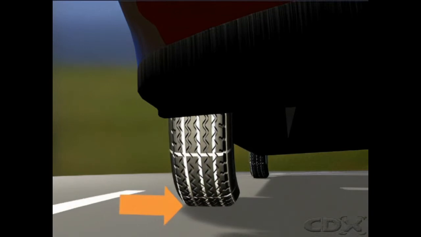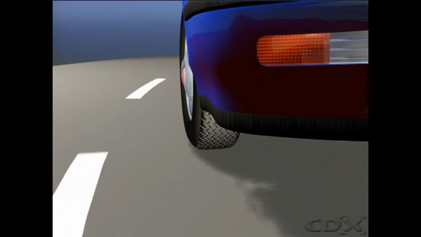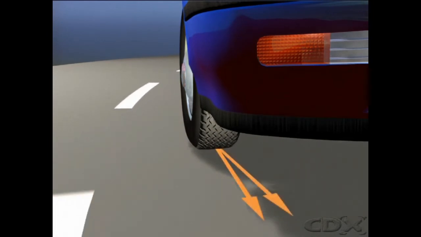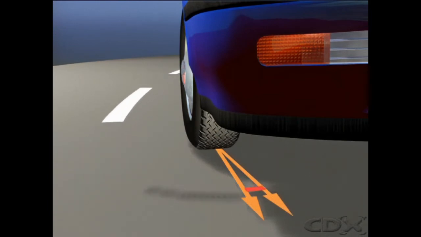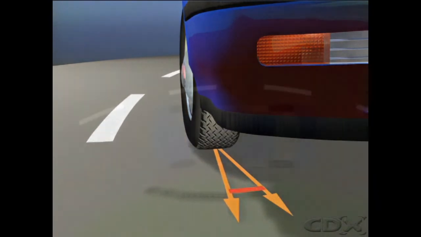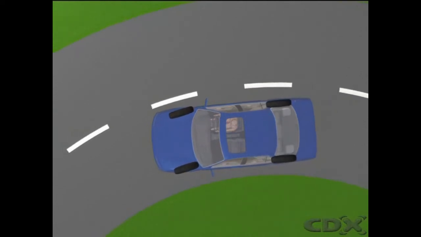The tyre's sideways distortion makes the vehicle follow a path at an angle to the direction the road wheel is pointing. This is called the slip angle. As cornering force increases, so does slip angle. This vehicle is being driven into a turn with decreasing radius.